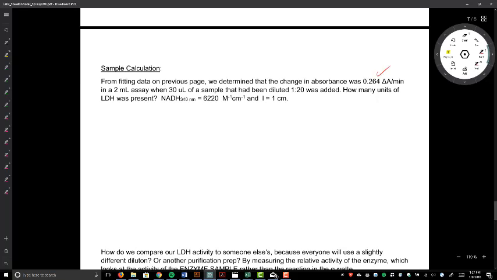So that's right in the sweet spot, that nice linear range. We're going to change this for easy math, a 1 ml assay when you use 25 microliters of a sample that have been diluted 1 to 20. How many units of LDH are present? Note that the extinction coefficient for NADH at 340 nanometers is 6220 molar to the -1 centimeter to the -1, and the path length is equal to 1 centimeter. Why don't you go ahead and pause and try this calculation out for yourself.